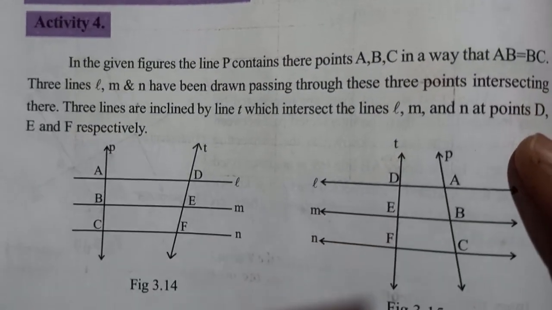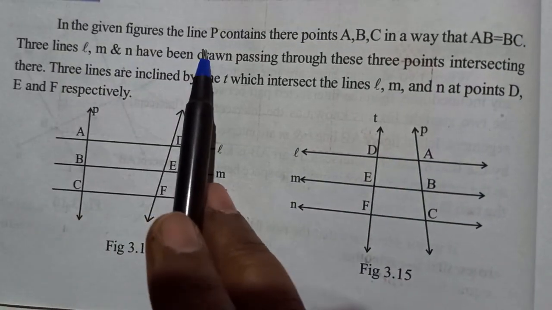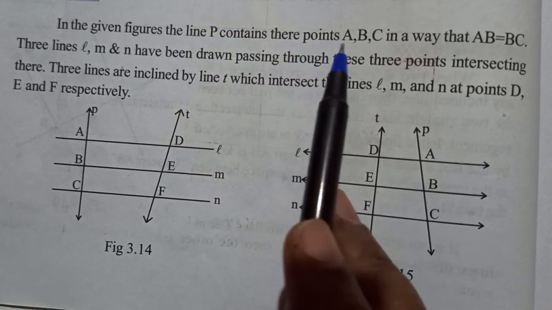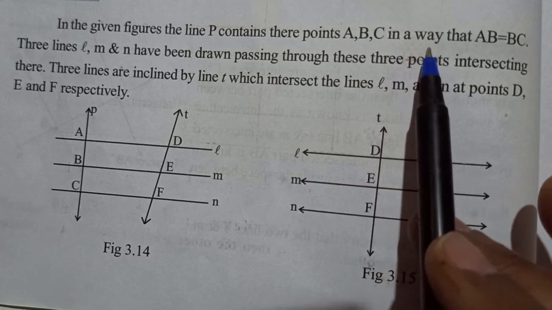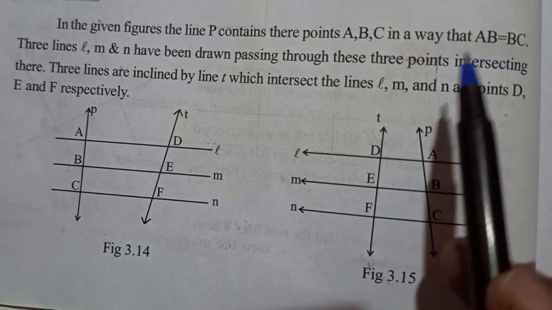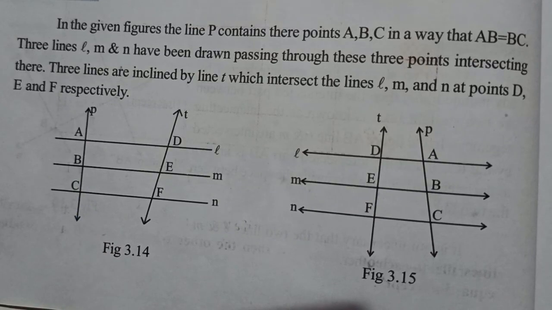Now, activity number 4. In the given figures, the line P contains 3 points A, B, C in a way that AB is equal to BC. Here, length of AB and length of BC are the same.